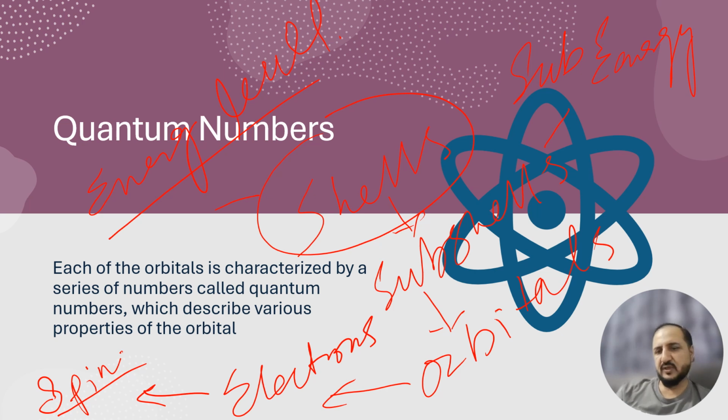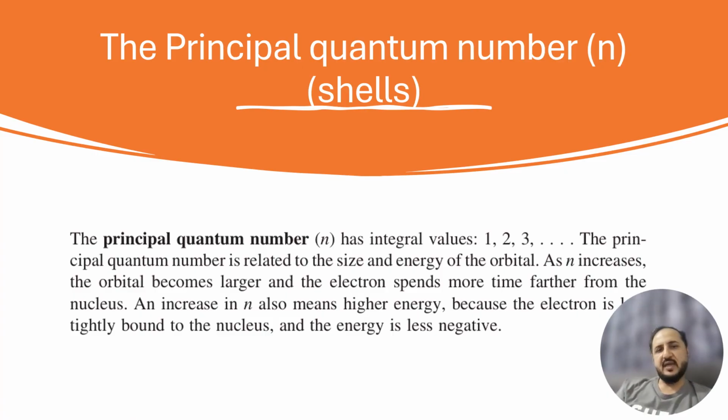Right, so how many quantum numbers are there? Let us see. There are four quantum numbers basically. The first one is the principal quantum number, which represents the shell. It is represented by n, and it has values 1, 2, 3, 4, 5, 6. The principal quantum number is related to the size and energy of the orbital.